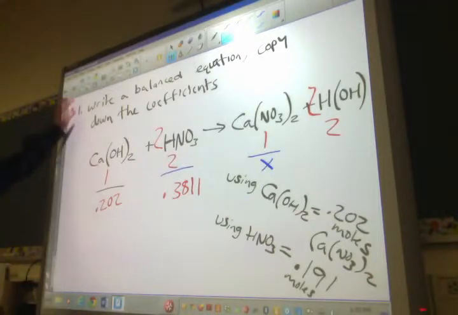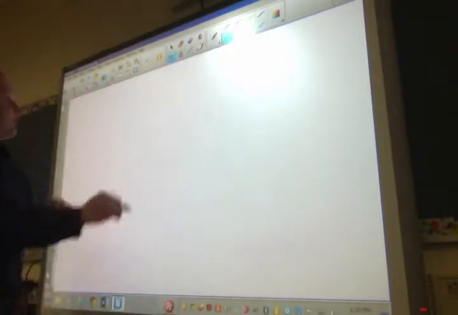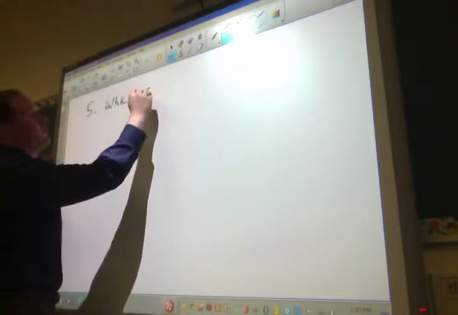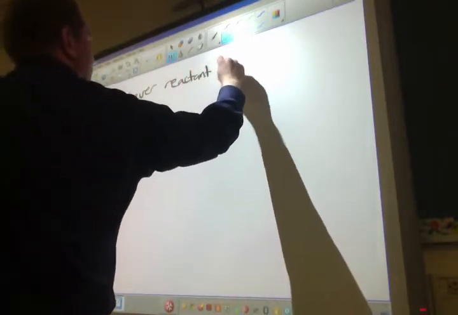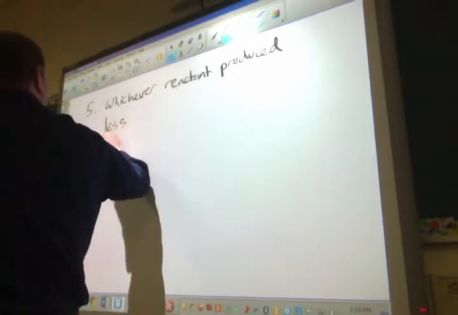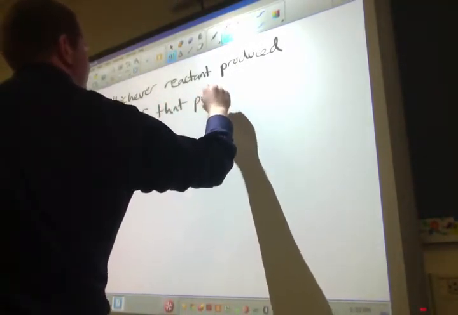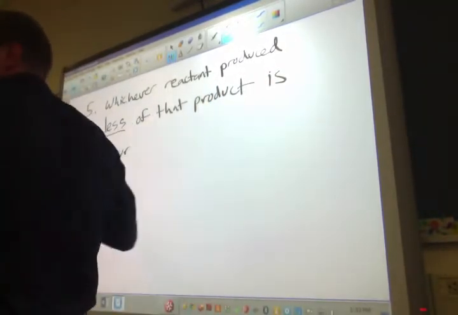Okay. So now what have we found out? Let me write step 5, and it'll be clear. Step 5. Whichever reactant produced less of that product is your what?